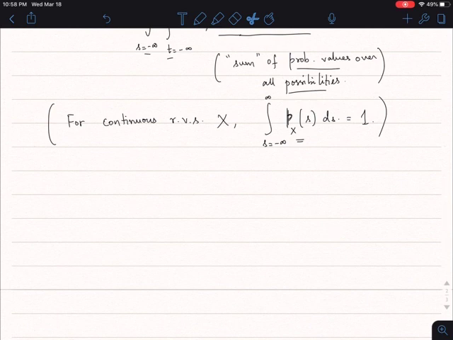So the marginal distribution is simply the distribution of one of the random variables.